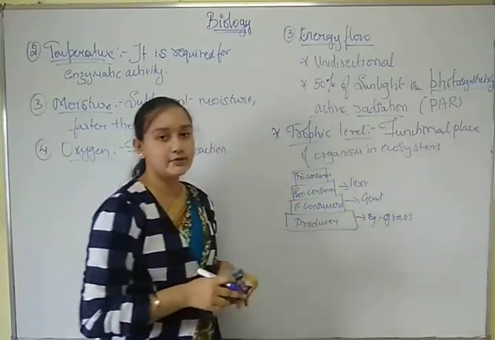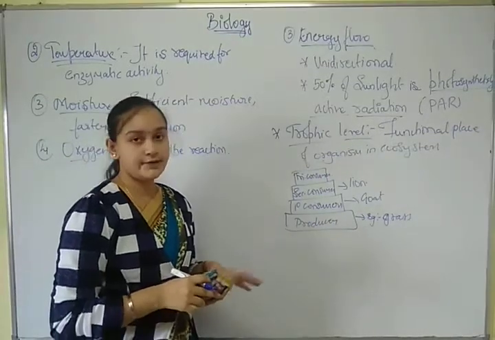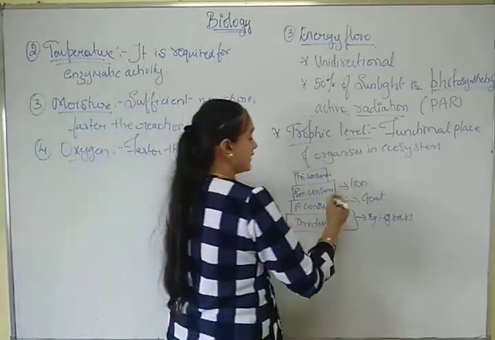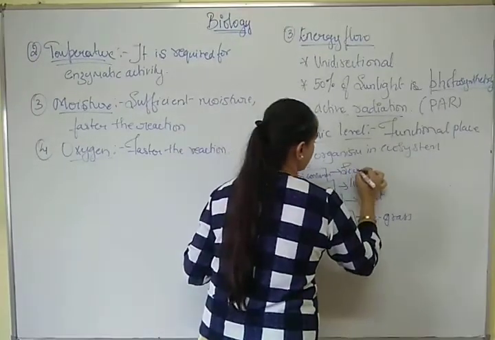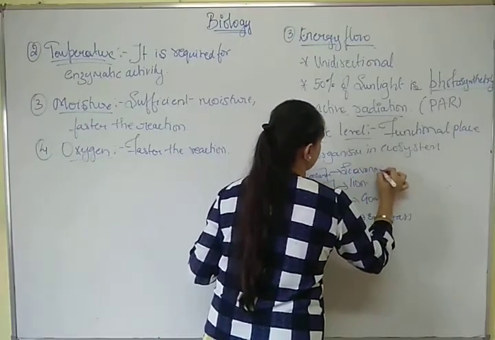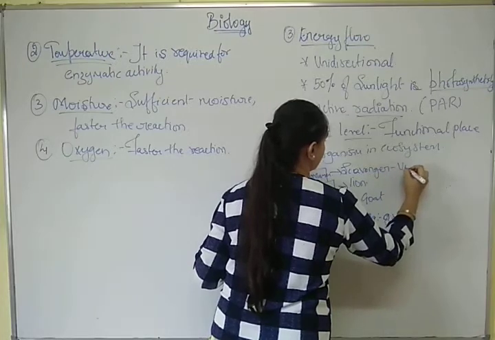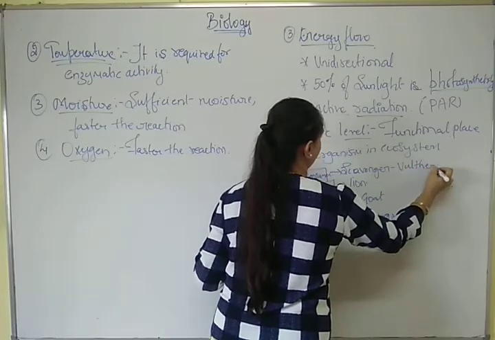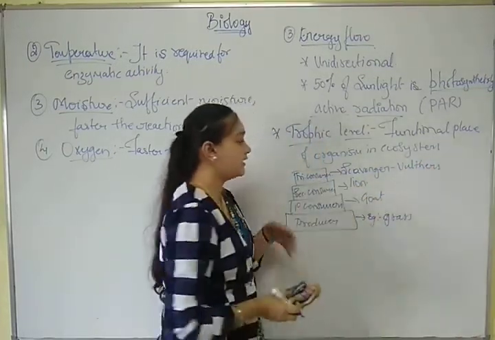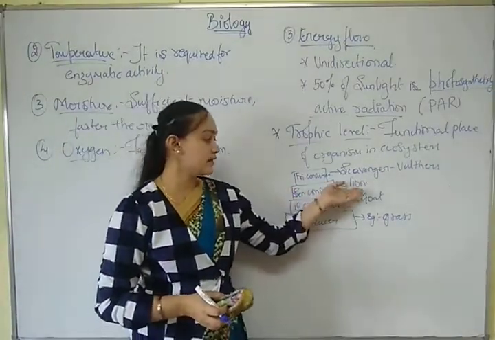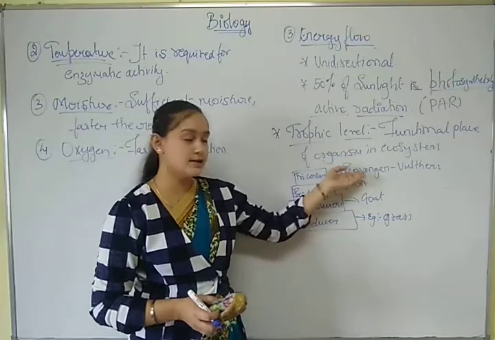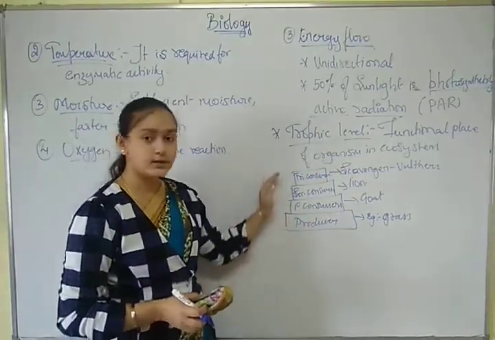The lion will feed on the goat, and next are the scavengers, for example vultures. After the death of the lion, the scavengers feed on the secondary consumers. So these are the trophic levels.